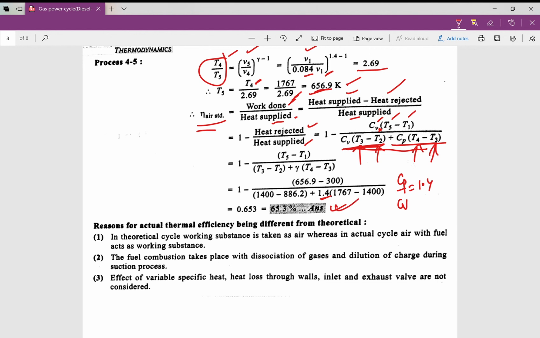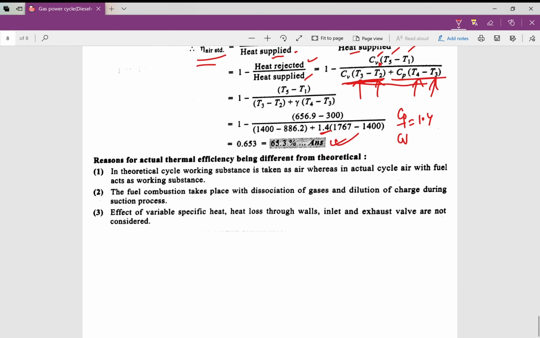Now, dear students, the reasons for actual thermal efficiency being different from the theoretical one. You know already that in the theoretical cycle, the working substance is taken as air, whereas in the actual cycle, air with fuel acts as working substance.